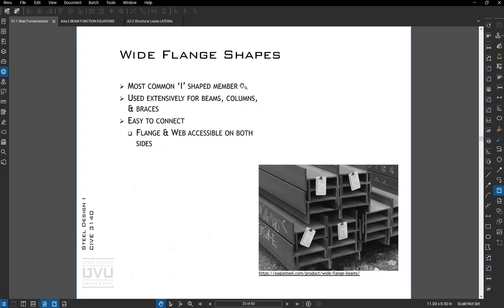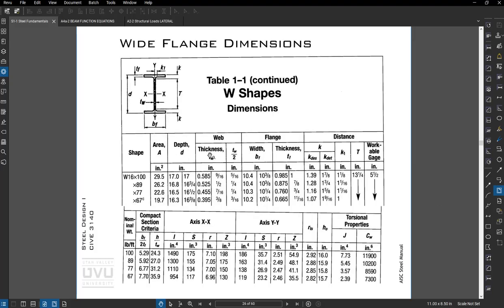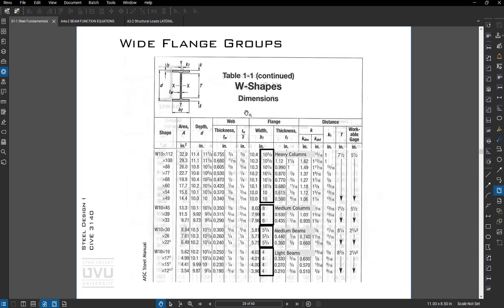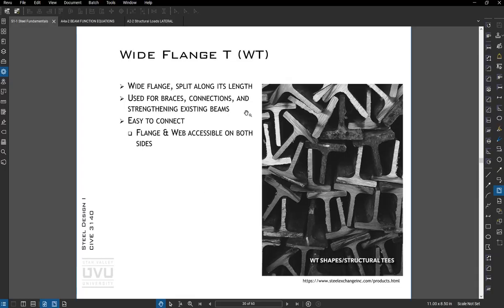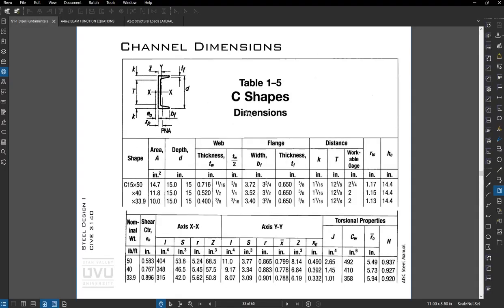These shapes have section properties, both geometric properties and section properties for design. These tables are in the Steel Manual. They're also available online. So take a look at all these different shapes, their properties, and start to get familiar with them.